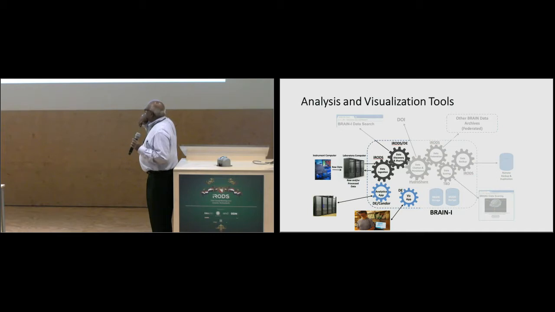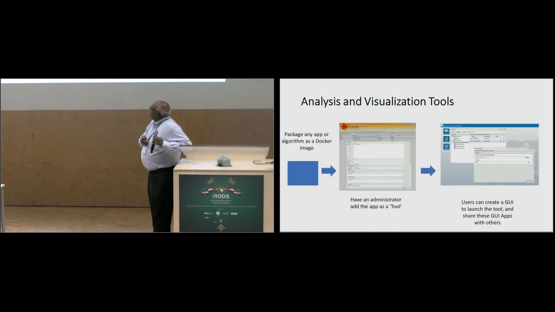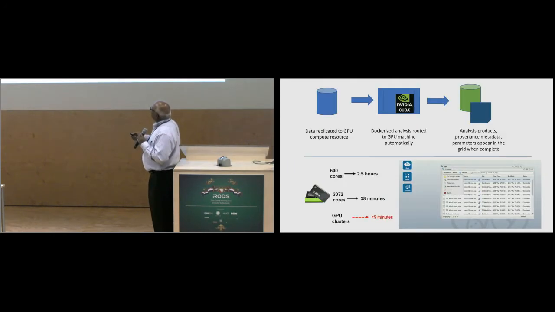Okay. In terms of analytics, I think I am running out of time, so I'm going to go fast. We have made use of the CyVerse Discovery Environment, so you can have an application that is packaged as a Docker container. You have the Discovery Environment web-based interface. You can go in there, select the data, select the app or the analysis code you want to use, and fire it off to do the analysis.